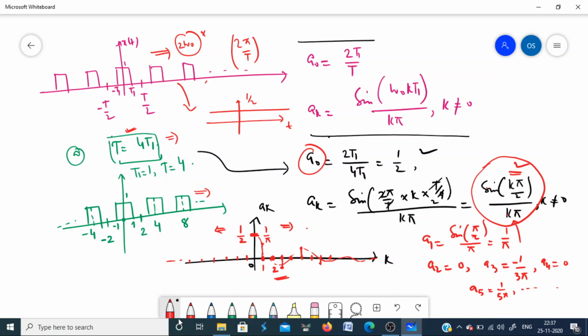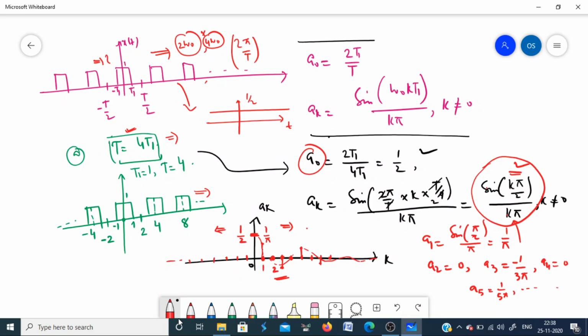Then 3 omega naught is there, which has a magnitude of minus 1 by 3 pi. Then 4 omega naught is again 0. It means this signal contains only the odd harmonics. All the even harmonics are basically zeros.